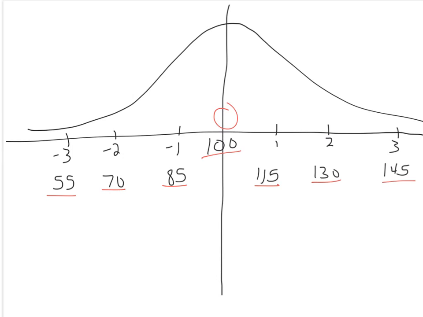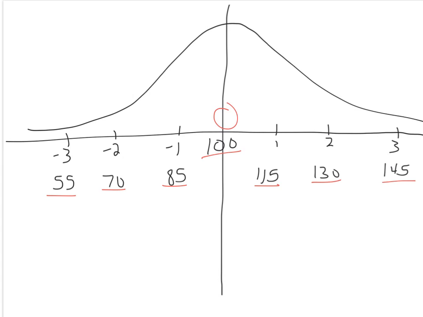So we notice that with each standard deviation, we either increase or decrease by 15. As you move up the scale, you increase by 15. As you move down to the left, you decrease by 15. So these are the standard scores underlined in red, matched up with the standard deviation.